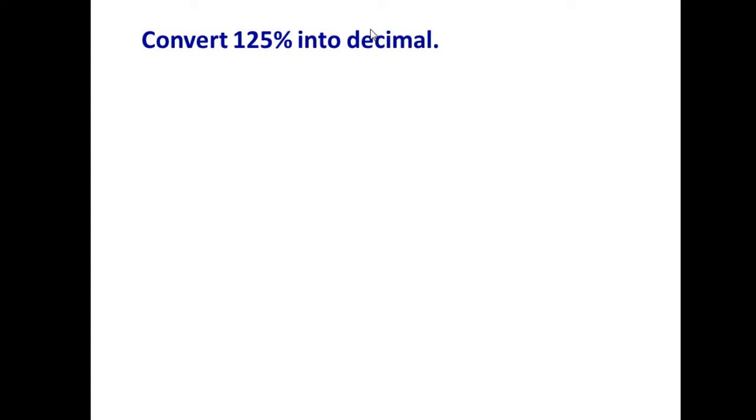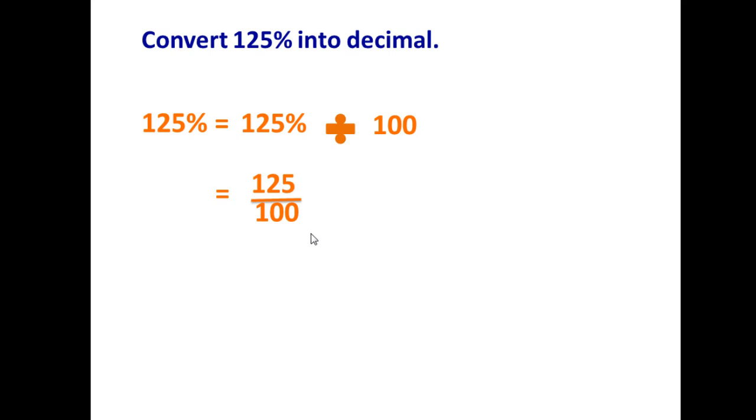So when you don't need percentage, we do not require it, what you have to do is divide by 100. So 125 percentage can be written as 125 over 100, where the bar is the symbol for division. So what you get? 1.25.